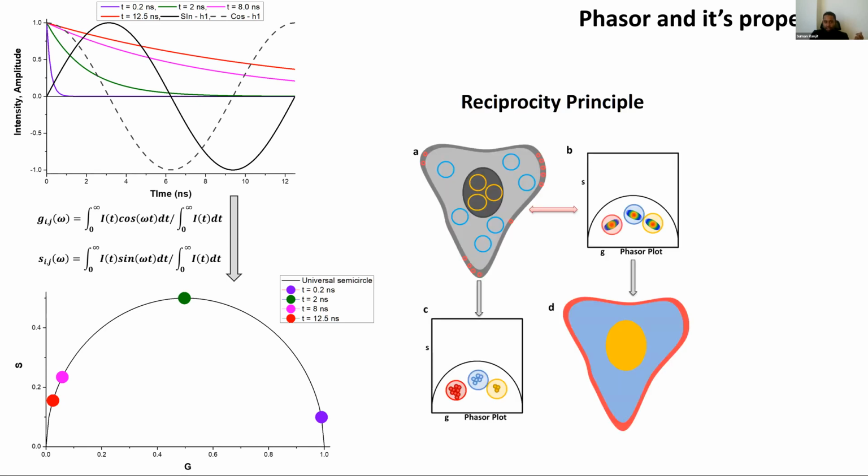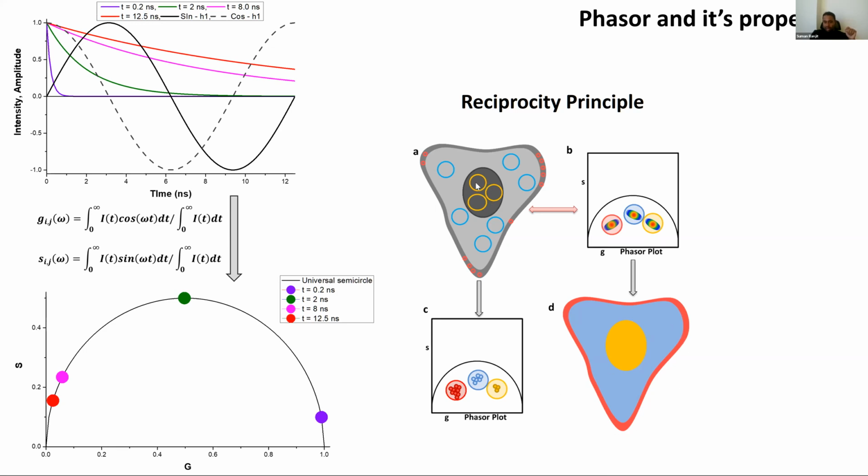One of the major important properties, and one of the reasons I think phasor is so well used, is the reciprocity principle. Let's say we have an image of a cell, and we calculate the fluorescence or phasor lifetime, and we get these different regions. First, of course, you can select this region, and you can see where these regions, these lifetimes or phasor clouds, are in terms of the actual image.